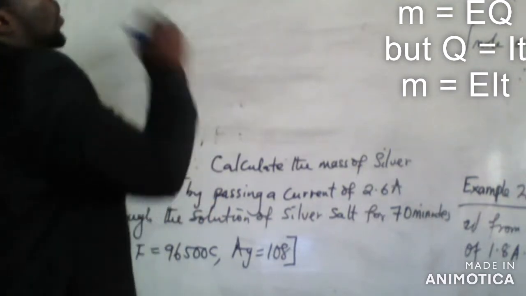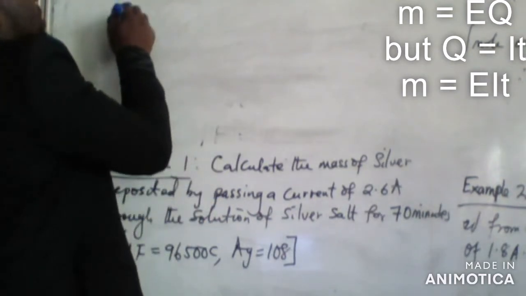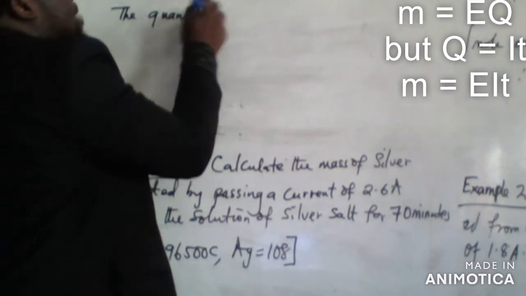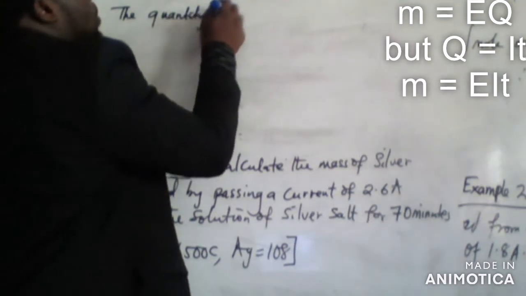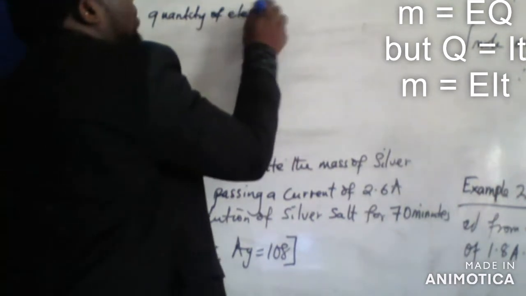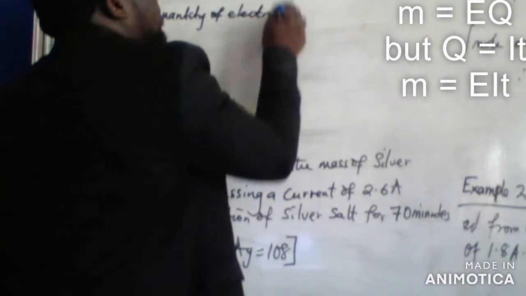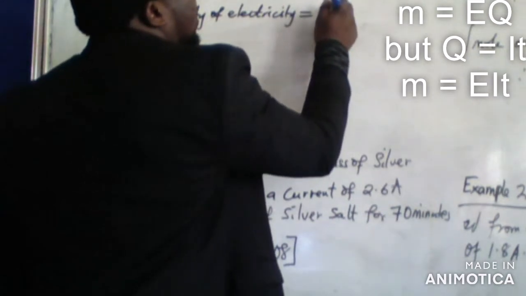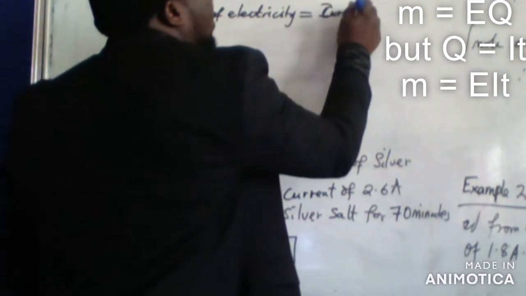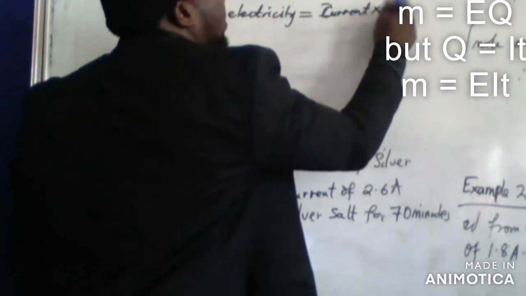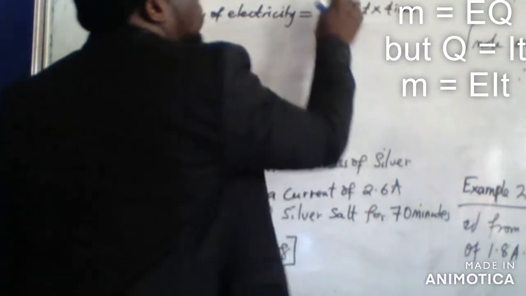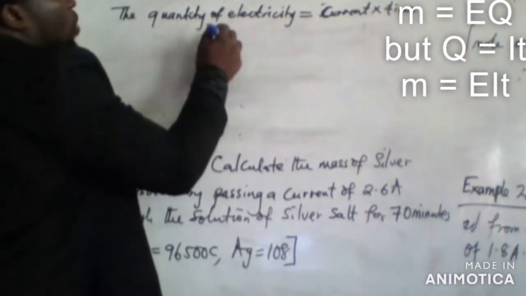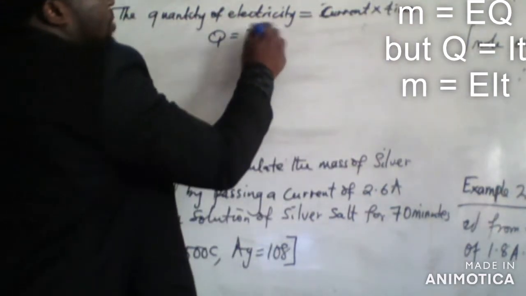Okay, so don't forget that the quantity of electricity can be calculated by saying current times time. So what it means is that when you multiply the current supplied by the time taken, it will give you the quantity of electricity supplied.